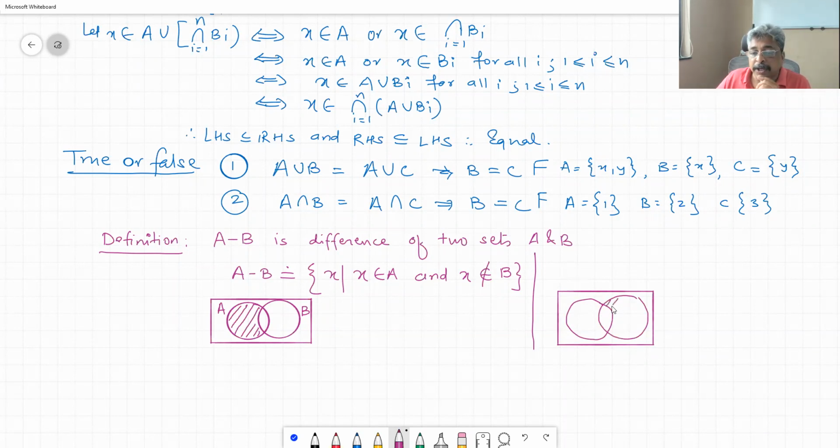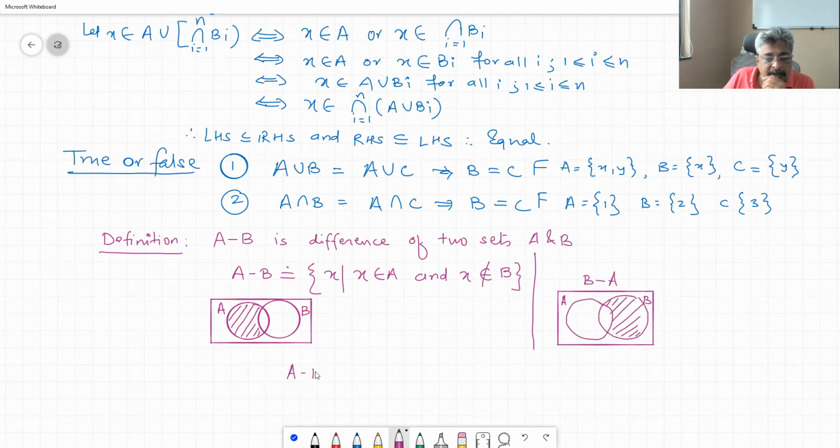This is B minus A. So can we write down A minus B in terms of our friends intersection, union?